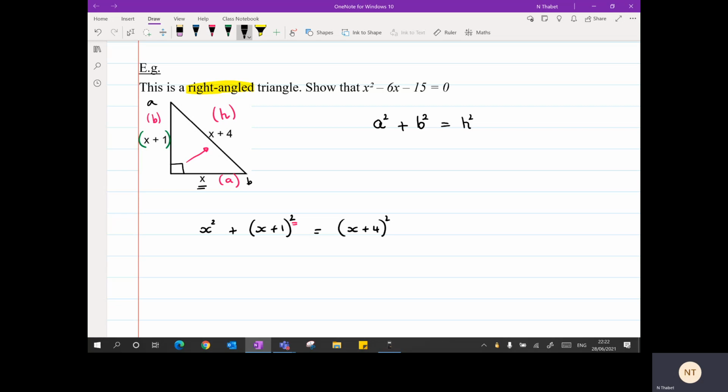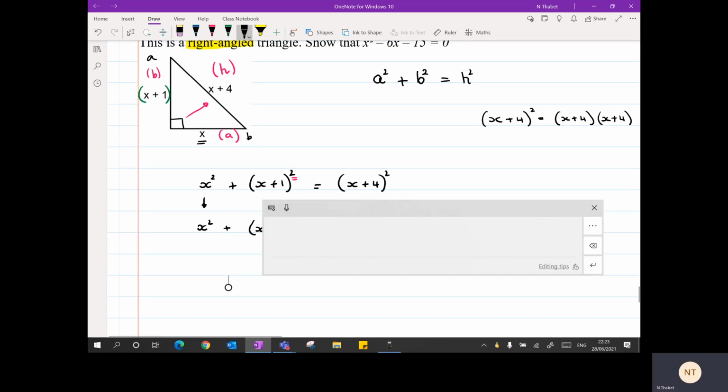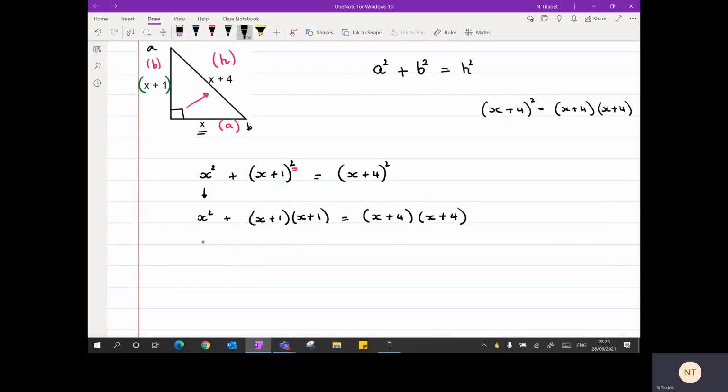Now remember, these squared brackets mean a double bracket. So x plus 4 squared means x plus 4 times x plus 4. So I've got x squared plus x plus 1 times x plus 1 equals x plus 4 times x plus 4. And what do you do when you have brackets? You multiply them out.